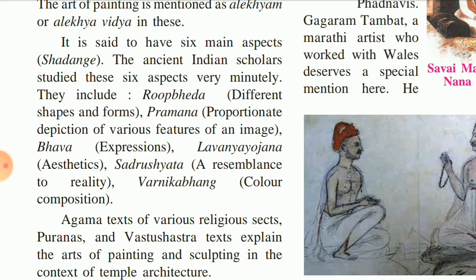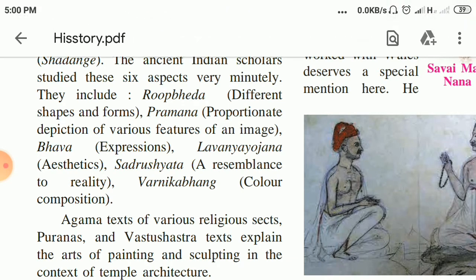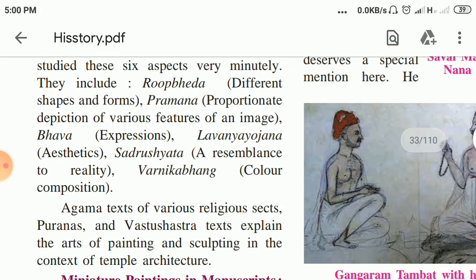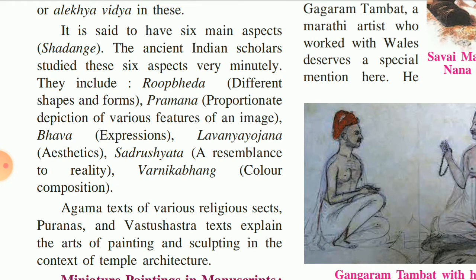So if we see any painting, any sketches, if we see a very long face and short body of a human figure with very big eyes and very skinny hands, then there is no pramana. That means proportion.